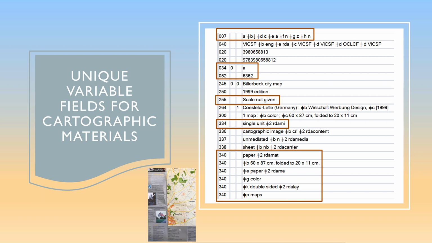And then also with the 340, it's maps. Typically I could have put illustrations too, because I think there might've been other kinds of pictures, but I just put maps. The 340 with the subfield P is also a relatively new addition.